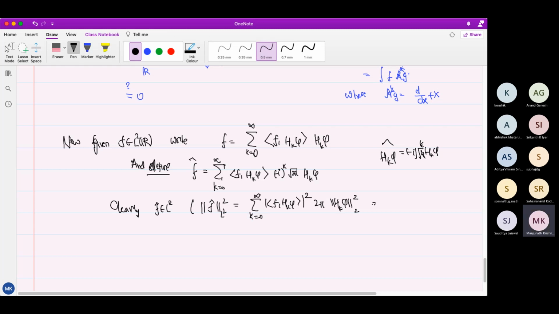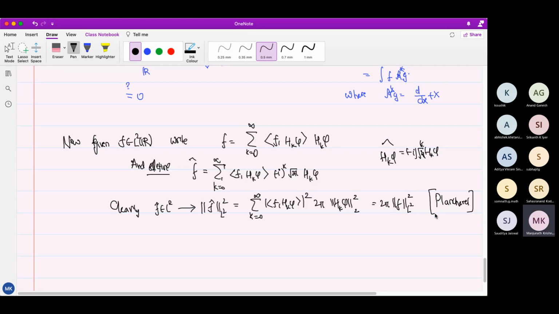But that is also the same as 2 pi times the L2 norm of f squared. So in fact, this is the Plancherel formula.